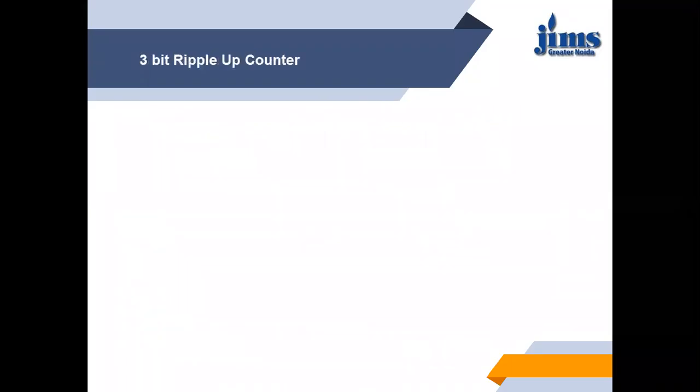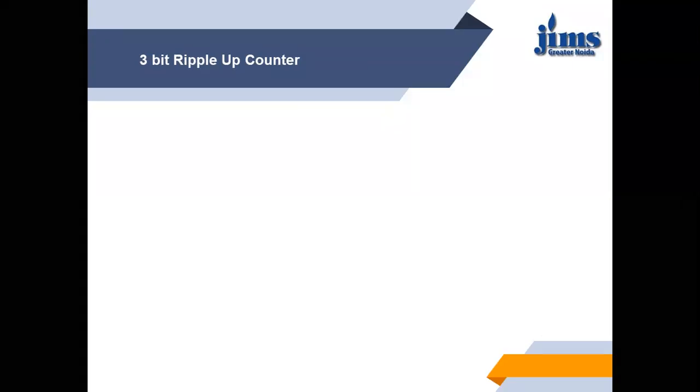Now the very first is the 3-bit ripple counter. Again, as we know, a flip-flop is a single-bit storage device. So when we say 3-bit, that means we are using 3 flip-flops, and the number of states is 2 raised to the power 3. If there is an n-bit counter, then the number of states is 2 raised to the power n.